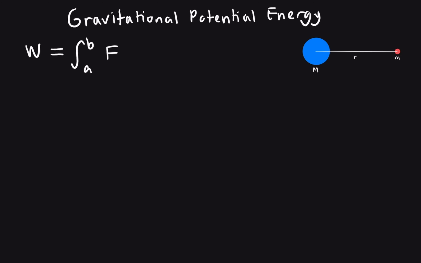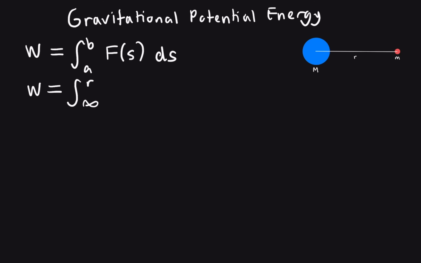The integrand is F as a function of the position times ds. So in our context, the work in bringing the point mass m from a distance of infinity to some position P, which is a distance r away from big M, has an initial distance of infinity and a final position of r.